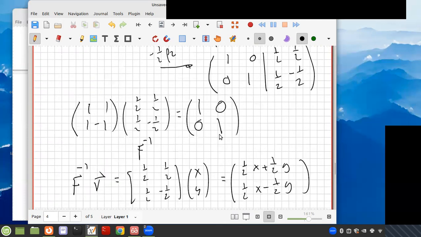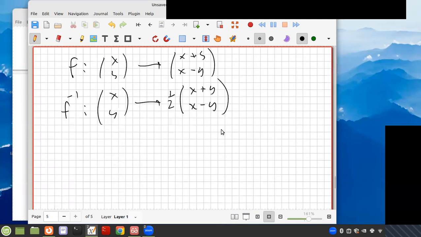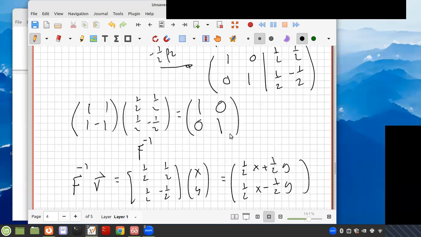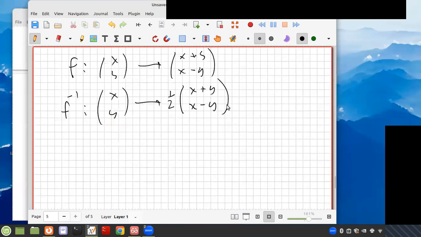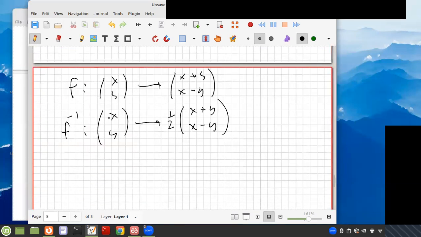But the question is, does it really work? I mean, if I do these two maps, I get the identity matrix. So if I act with one of these on a vector, I should get the same vector back. But how does that work out here? Well, let's choose F inverse circle F of, say, (1, 2).